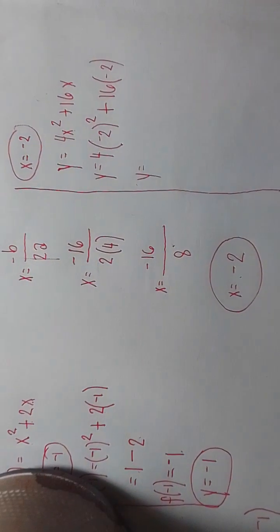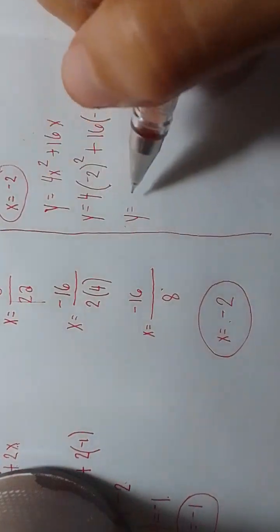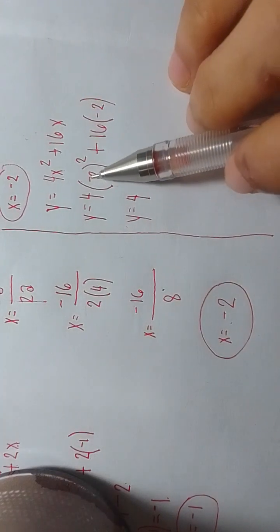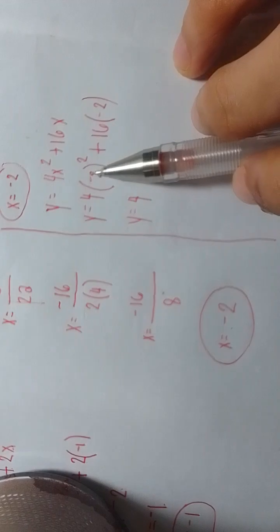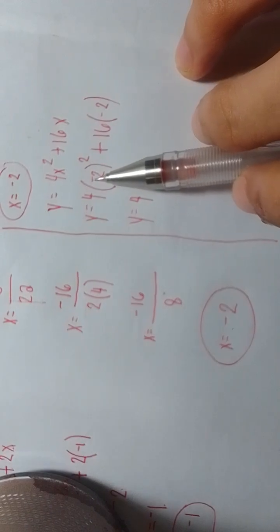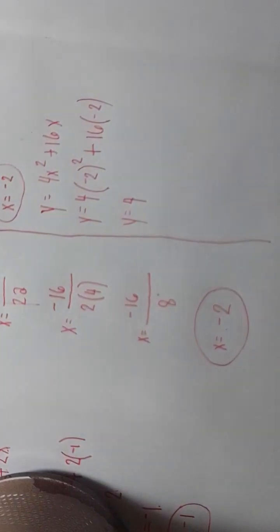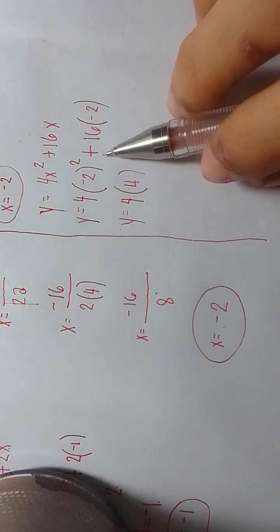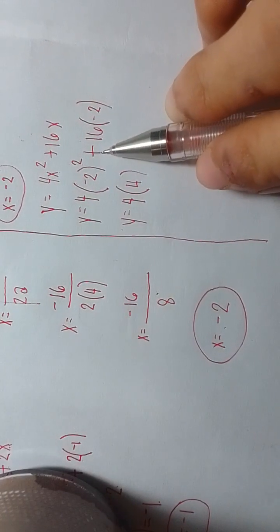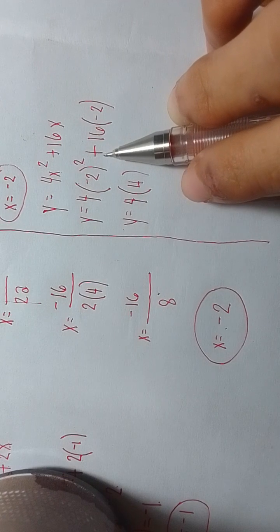So, we have 4. Next is negative 2, this value to the power of 2. So, one by one, negative times negative is positive. 2 times 2 is 4. So, positive 4.